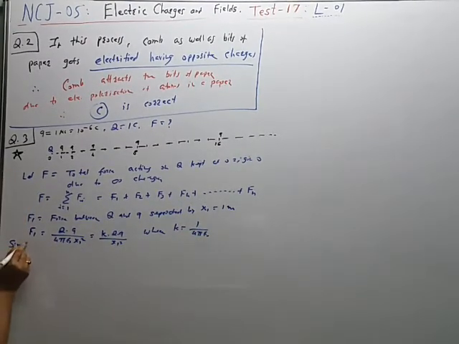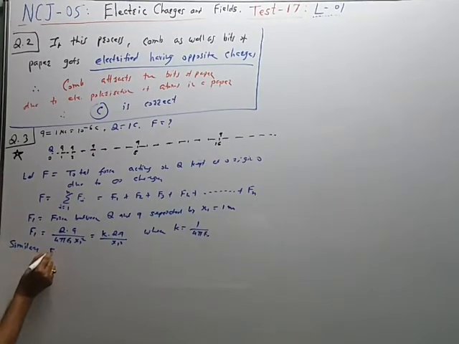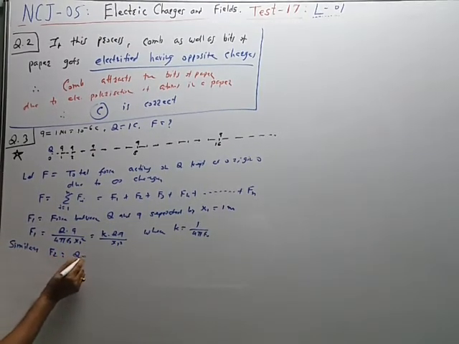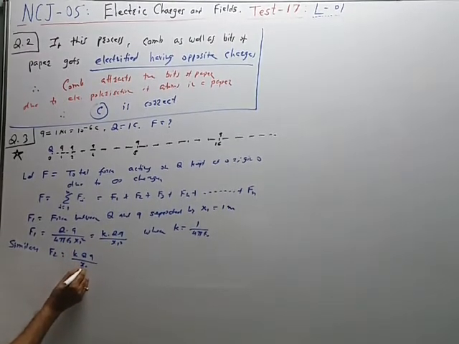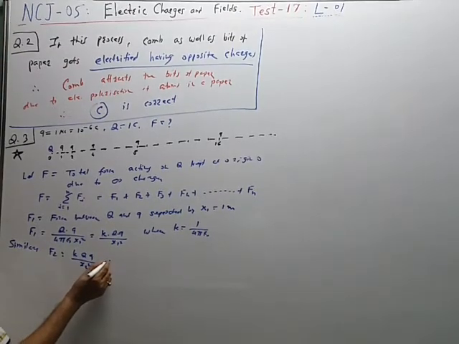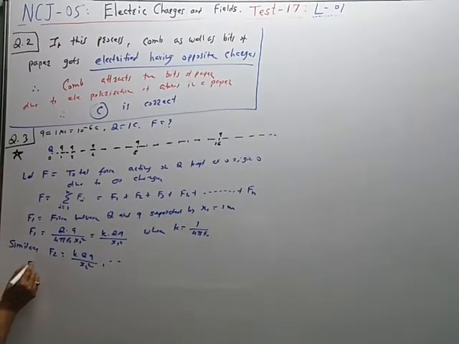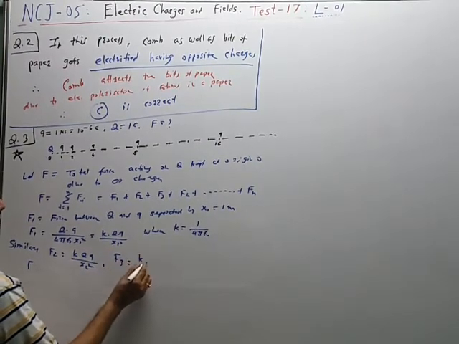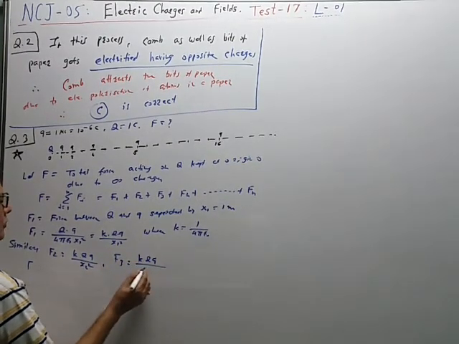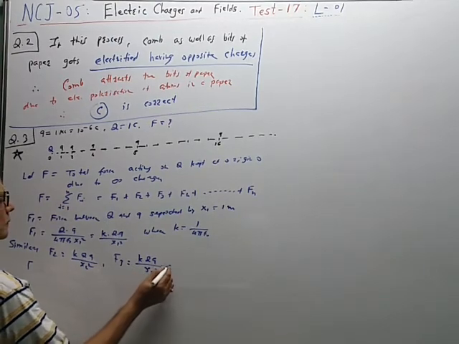Similarly, F2 is equal to k into Q q upon x2 square. Therefore, F3 is equal to k into Q q upon x3 square.